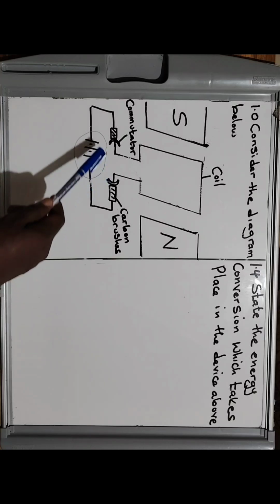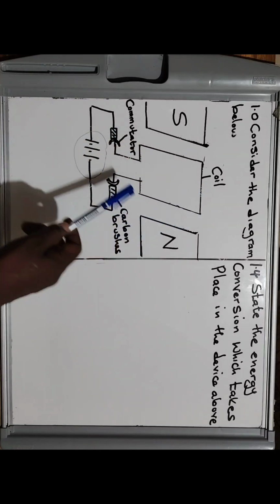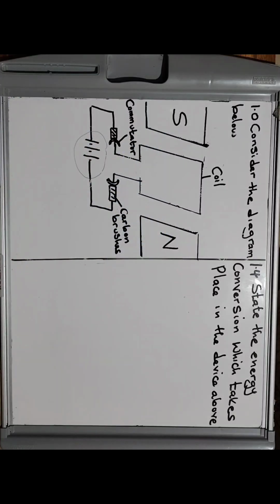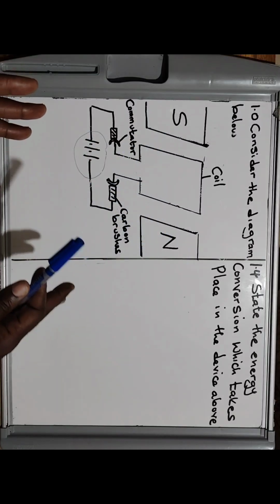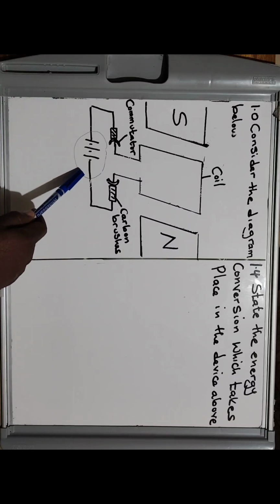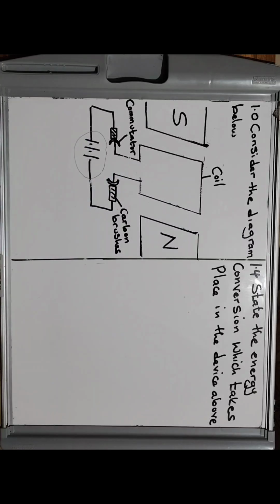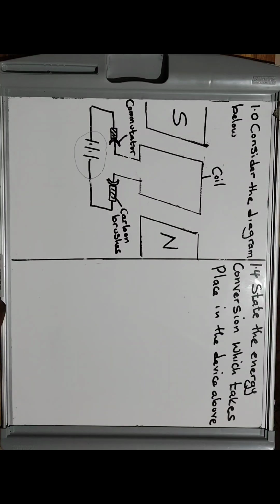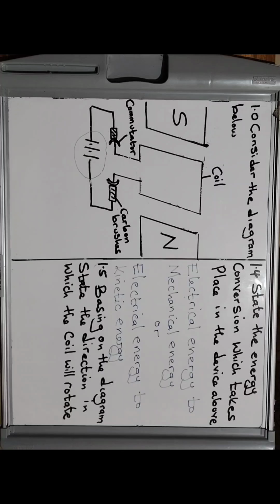Then electrical energy passes through the wires, and when the wires are in the magnetic field, they experience a force. So the change is from electrical to rotation. Rotation is a mechanical energy, or you can say kinetic energy. So the answer is electrical to mechanical or electrical to kinetic energy.